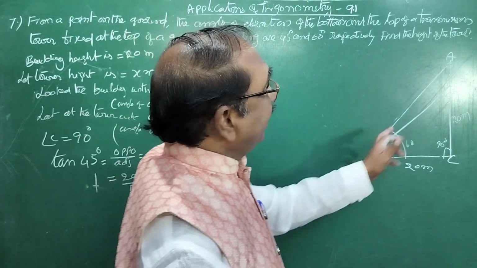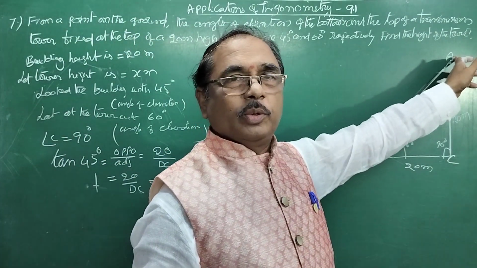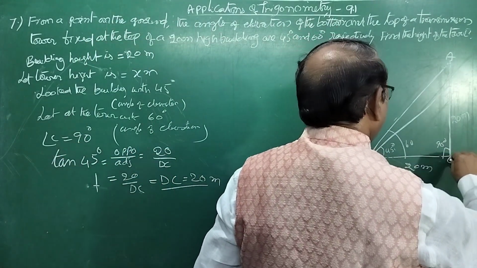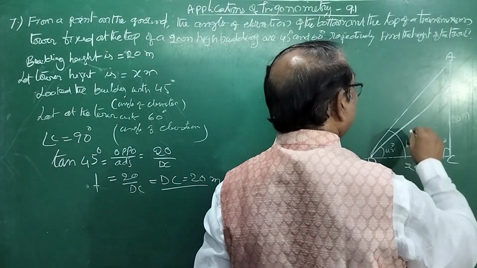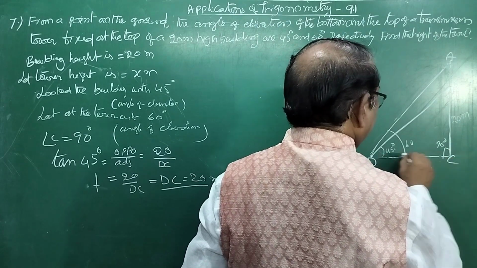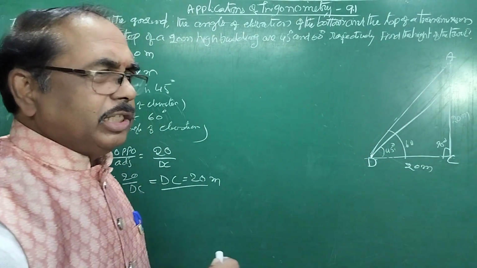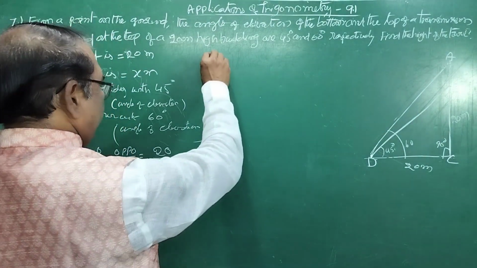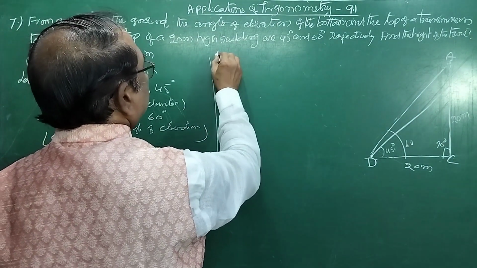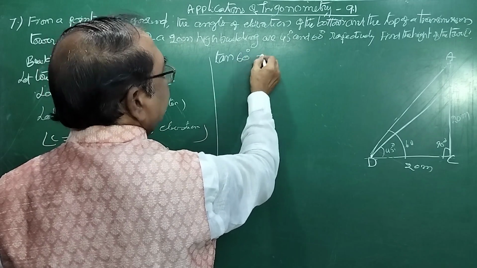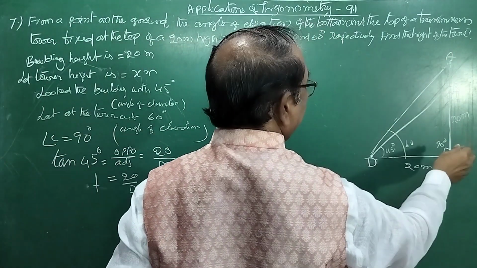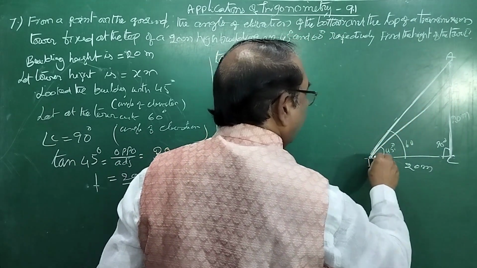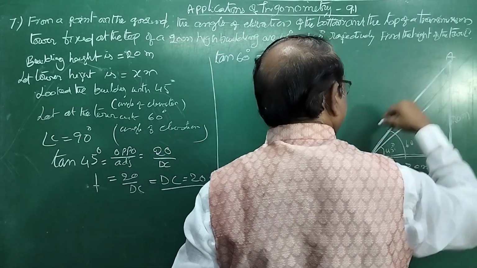Now he looked at the top of the transmission tower also. Here also, for this 60 degrees, the relation between the opposite side and the adjacent side is tan. Tan 60 degrees is equal to opposite side by adjacent side.